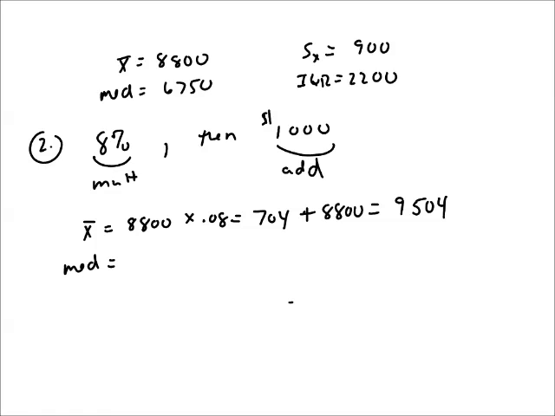Median, 6,750 times 0.08 is 540, plus the 6,750, 7,290.